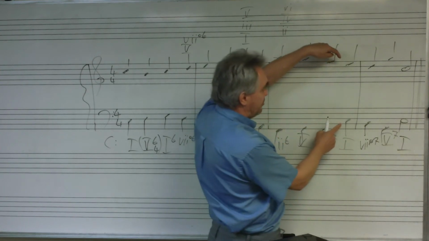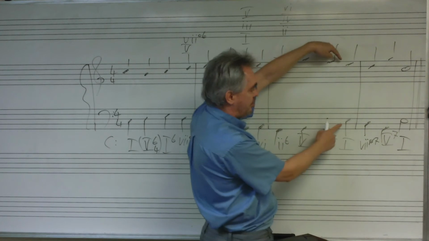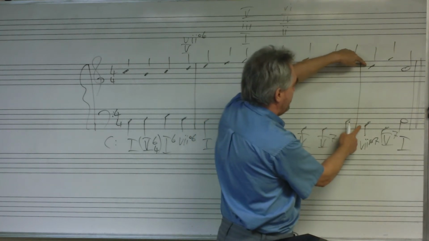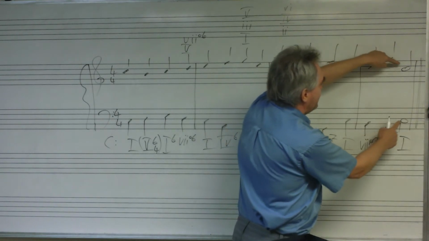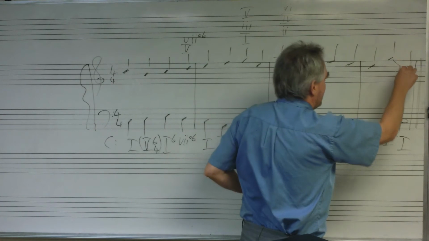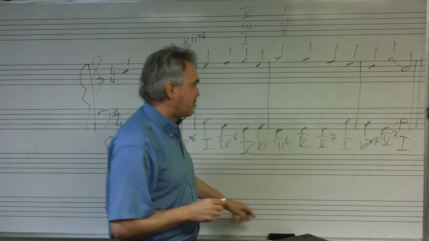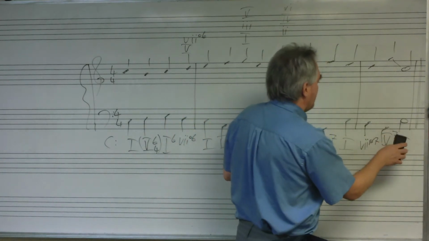I'm not so sure yet if it will work out, but to continue our error detection, I always take a step back. Here a 3rd, going to a 3rd, going to an octave in contrary motion, going to an octave in contrary motion. Again, we have consecutive perfect octaves by contrary motion. We do not want to do that.